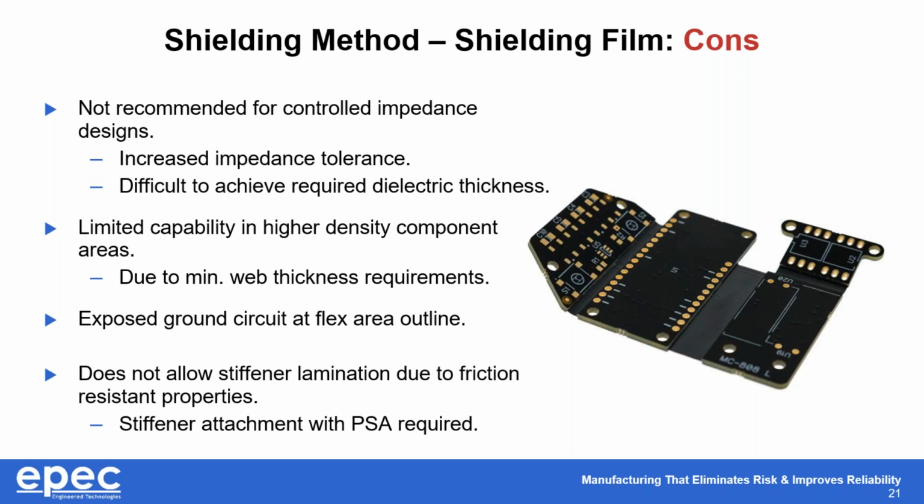Because of the slip properties, or the friction resistant properties of the shielding film, attaching a stiffener to that material is a bit of a challenge. The traditional method of laminating stiffeners on under heat and pressure is nowhere near as effective as when you're laminating onto, say, the coverlay of a non-shielded flex circuit. It just doesn't stick as well as it needs to, or as it should.